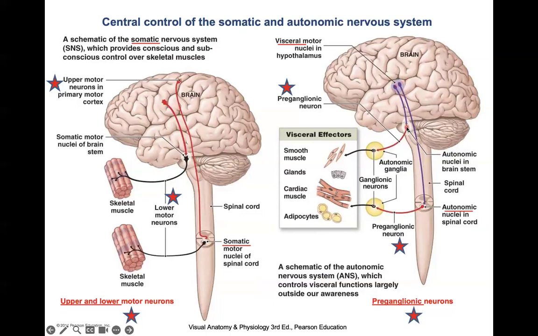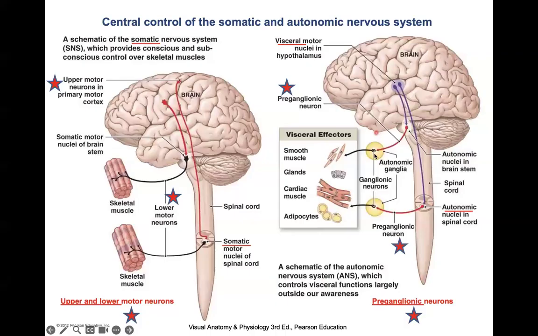So now we have here the brainstem and here the spinal cord. Here we have the preganglionic neuron. This is the first neuron. The preganglionic neuron may start off somewhere in any segment of the spinal cord. So we have here the input from visceral motor nuclei in the hypothalamus, going down to the preganglionic neurons, which may be in the brainstem or in the spinal cord.